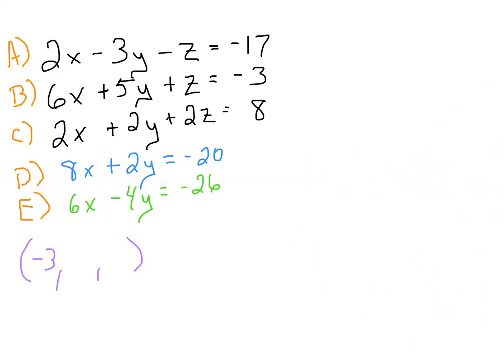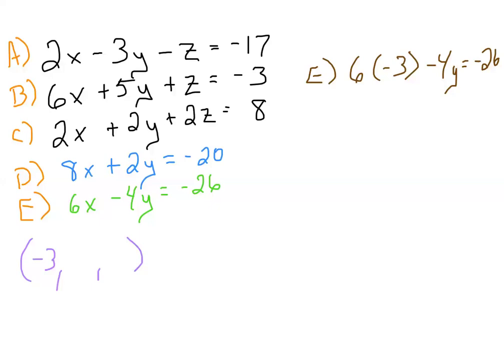I pick one of them to plug in the 3 to find the next variable, which is the y. All right. So D or E, doesn't matter. I think I'm going to go with E. Why not? And again, I label it which one I plugged into. I leave nothing up to guess. All right.